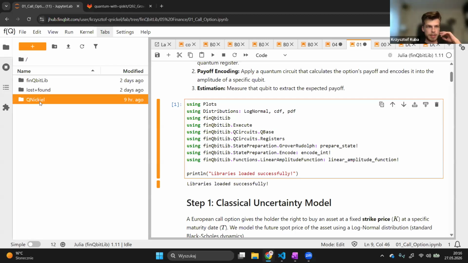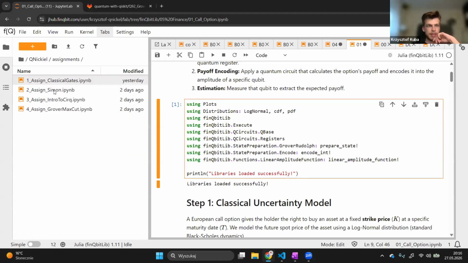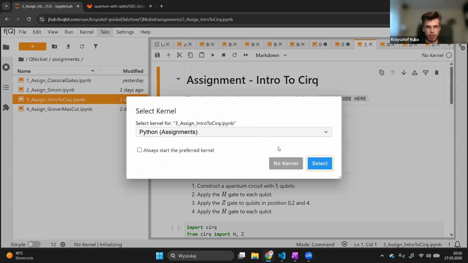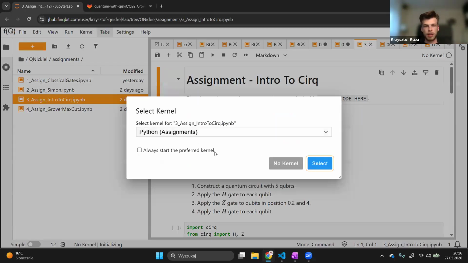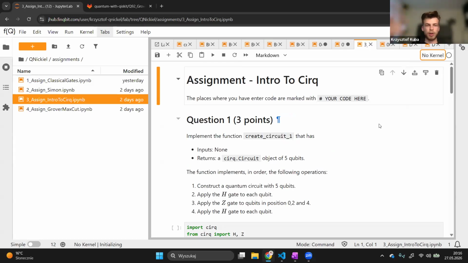But for today, I think that's it. For the assignments, you have introduction to Cirq. Once again, there were some issues with the Python kernels. The notebooks were written in a very old version of Qiskit, but the assignments are written in the newer version of Qiskit.